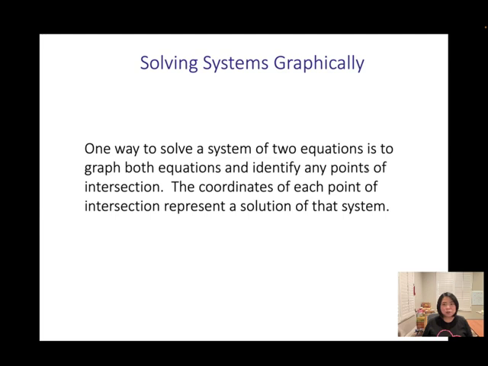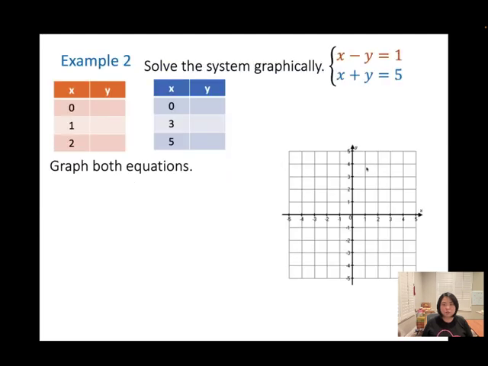Solving a system graphically. One way to solve a system of two equations is to graph both equations and identify any points of intersection. The coordinates of each point of intersection represent a solution of that system. So the first method is solving by graphing.